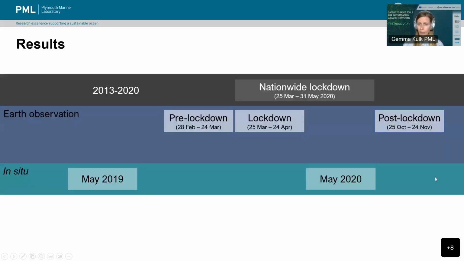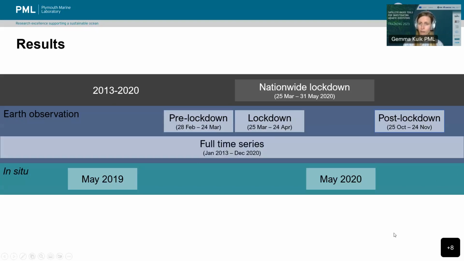To place the observed changes in water quality in 2020 in the context of longer-term changes, we analyzed interannual trends in the 5 satellite-derived water quality indicators between 2013 and 2020. And this was the full satellite record available at the time.